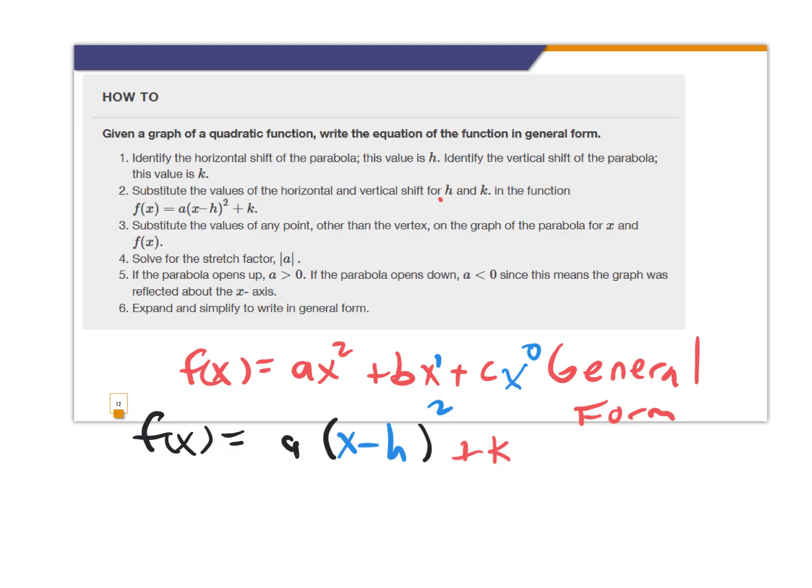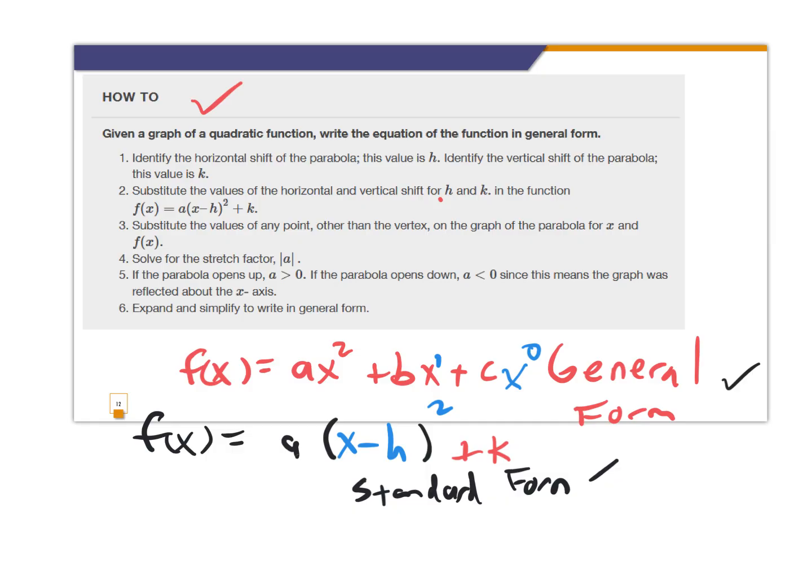So these directions are how to look at a parabola in standard form. I better name this one then. This is standard form, and this one was general form.